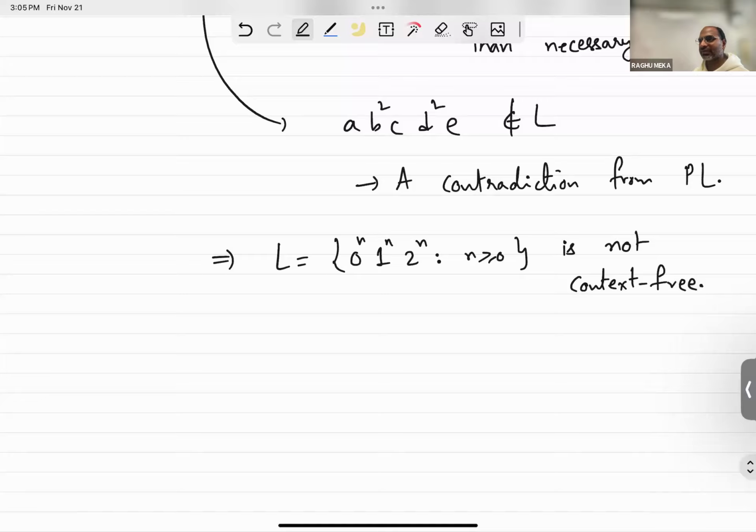Okay, any questions? All right, so once you guess the right challenge string, you basically have to do a case analysis. Usually, you end up with more cases than you would require for DFAs, especially because they can straddle boundaries and so on.